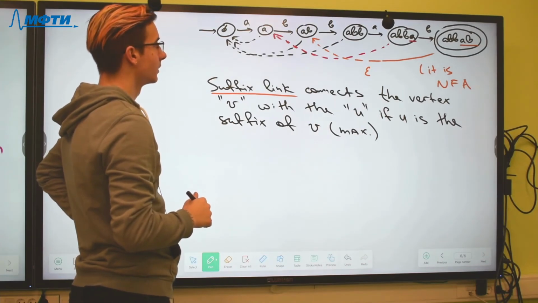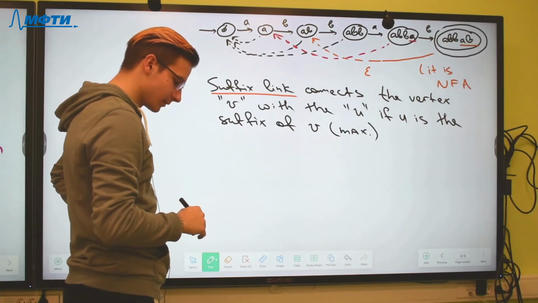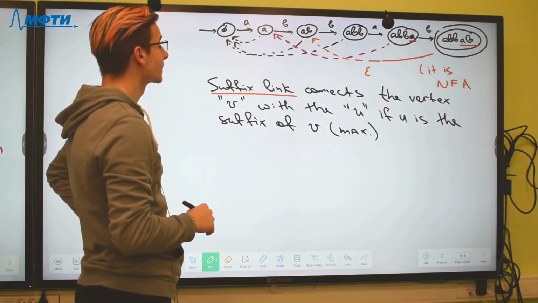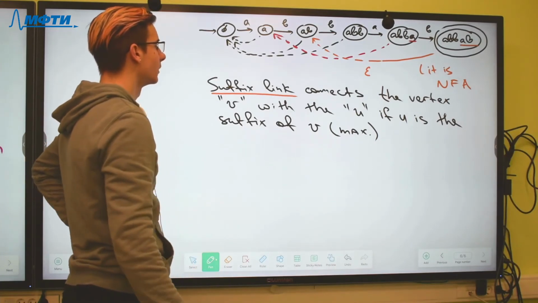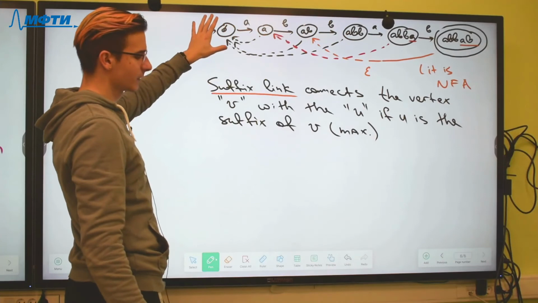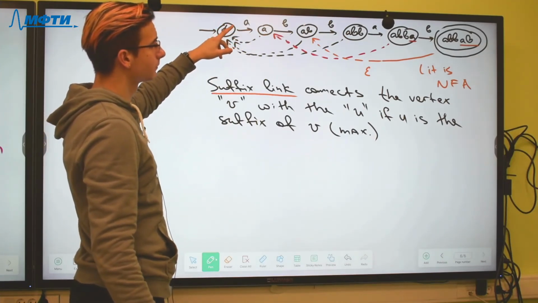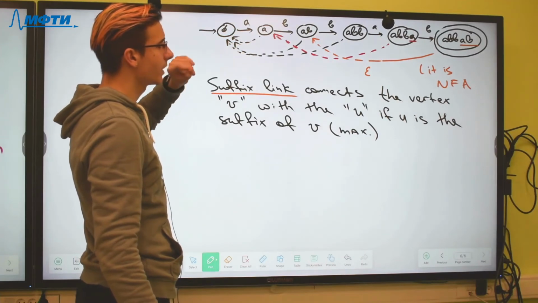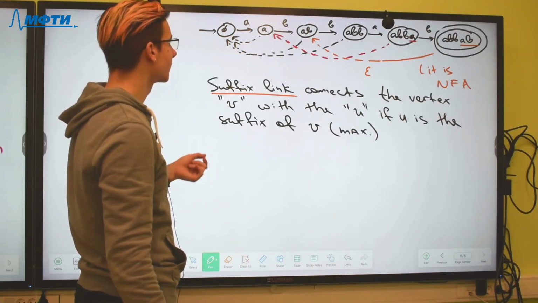But if for all the prefixes of S we stay on the previous vertices, then we say that we have no substrings that are equal to x.